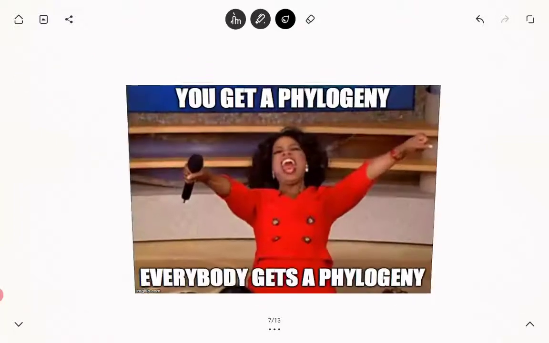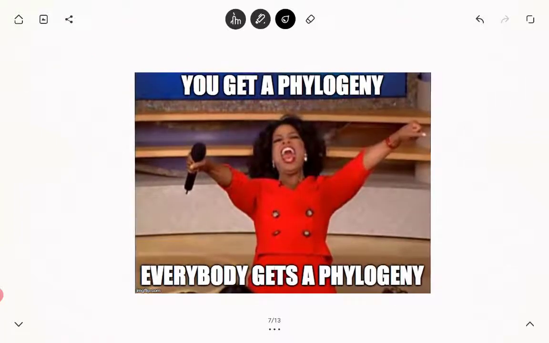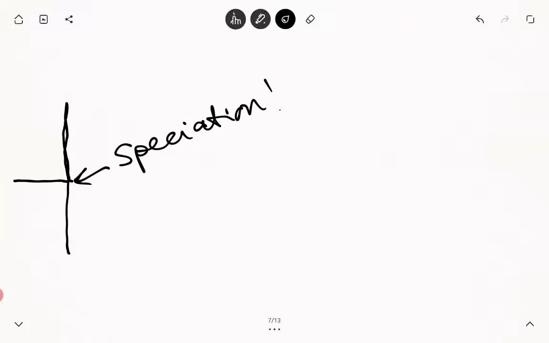So what we're going to look at right now is a phylogeny. So here we have the ancestor of plants. All land plants come from one common ancestor. Then at some point, there's a speciation event. Right, that's what that branch point means, that splitting point, that means speciation. So something happened in evolutionary time.